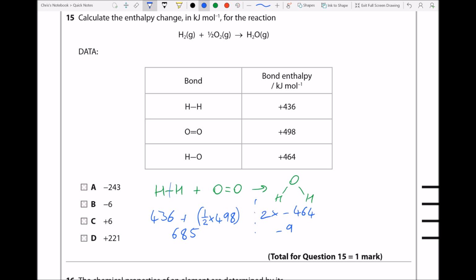And that should give us a total of minus 928. And all we have to do, this makes it a bit easier, is we literally just do that sum there. You've got your sum of it now. 685 minus 928. And you should get your final answer as minus 243.